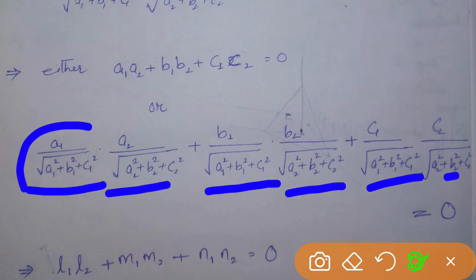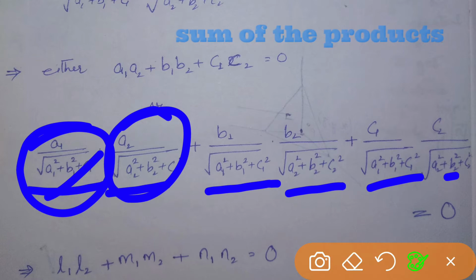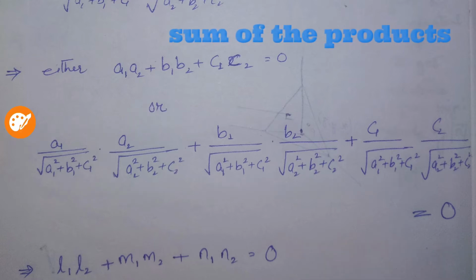These are direction cosines. Direction ratio by the magnitude of the vector is the direction cosine, so I can write L1 L2 plus M1 M2 plus N1 N2 is 0. So whether they give direction ratios or direction cosines, to show mutually perpendicular, you just have to check the sum of the products.